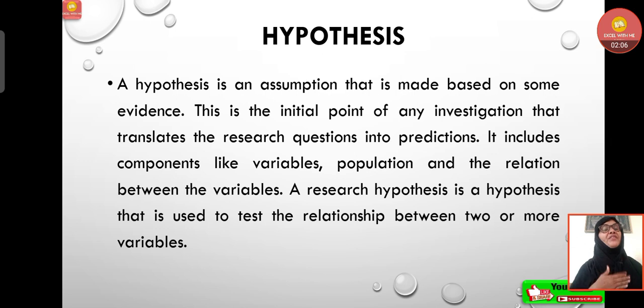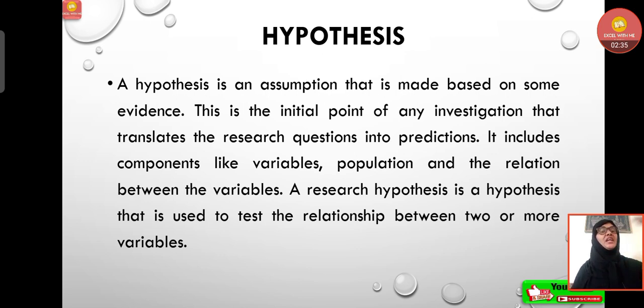For example, if I have done the effect of emotional intelligence on the academic achievement of secondary school students, I am taking the variables academic achievement and emotional intelligence. So I will see the relationship between emotional intelligence and academic achievement. If there is high emotional intelligence, low emotional intelligence, if any effect is there on their academic achievement, I am going to test.